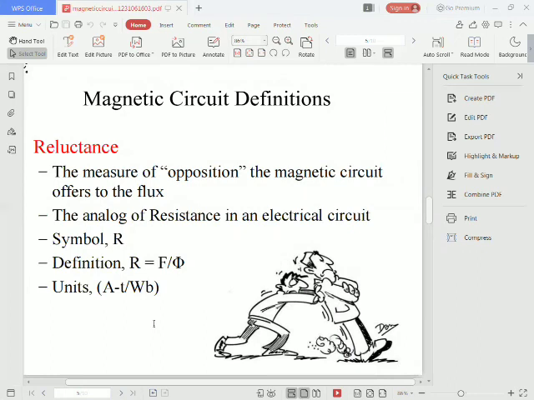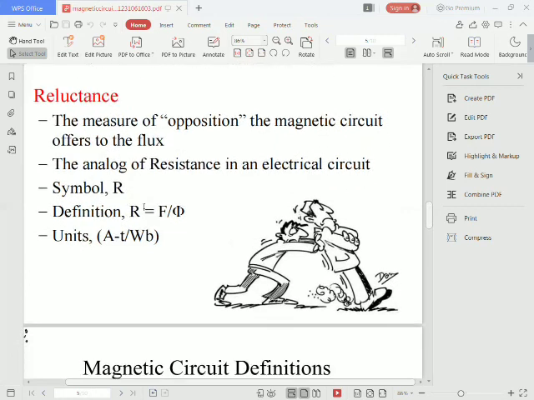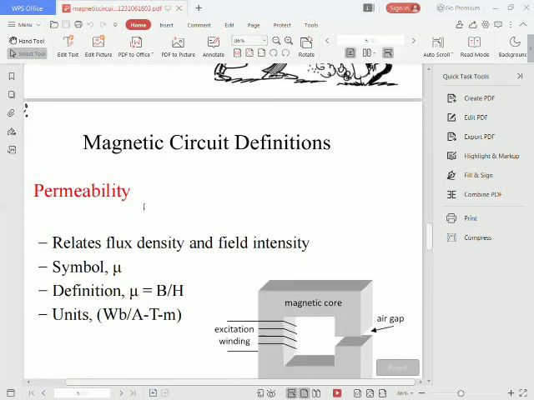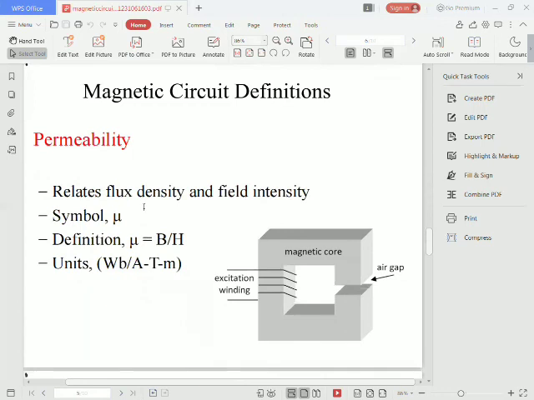Reluctance is denoted by the symbol R or S. Formula is R is equal to F upon phi and unit is ampere turn per Weber. The measure of opposition the magnetic circuit offers to the flux is called reluctance.